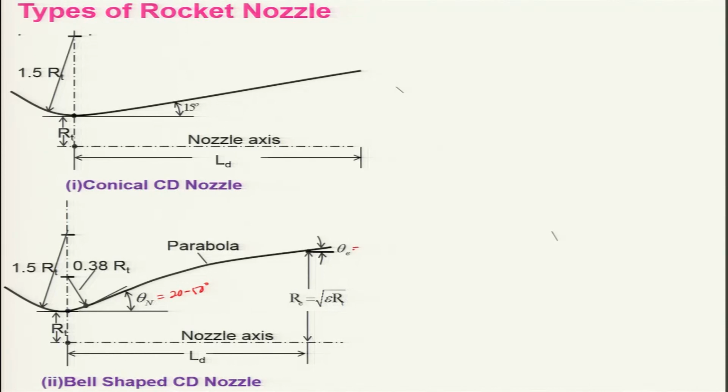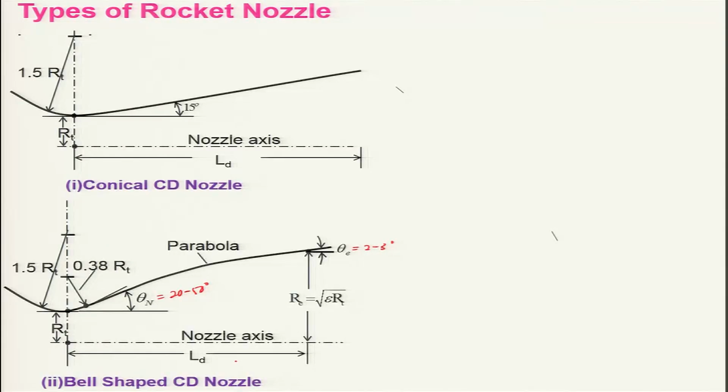This angle is varied by something like 2 to 3 degree, and keep in mind that one can go for a little lower one. This parabola plays a very important role such that no flow separation will take place, particularly when it is operated under non-optimal conditions.